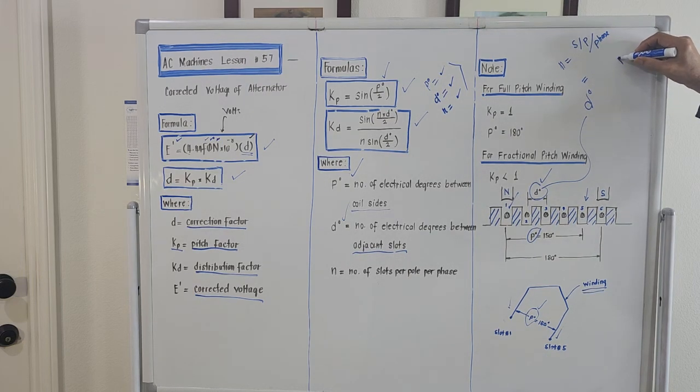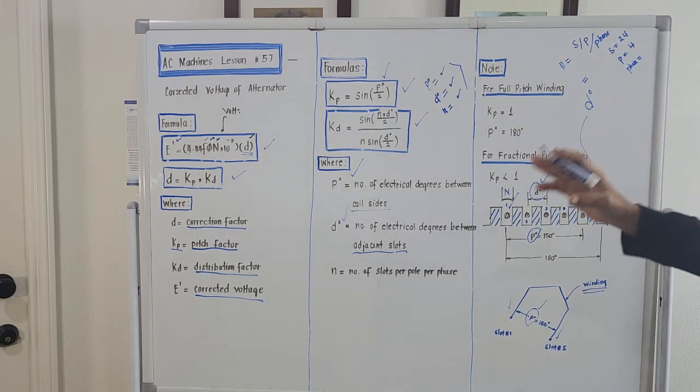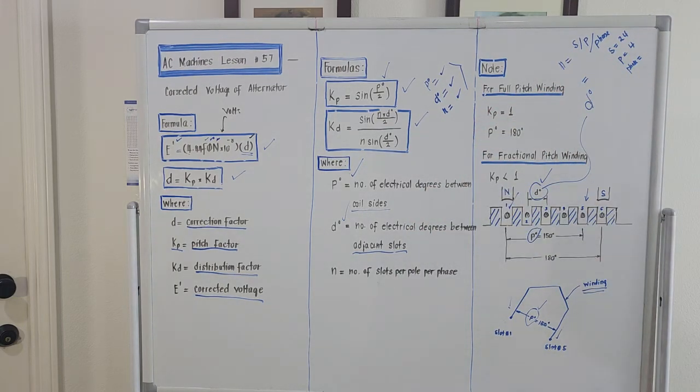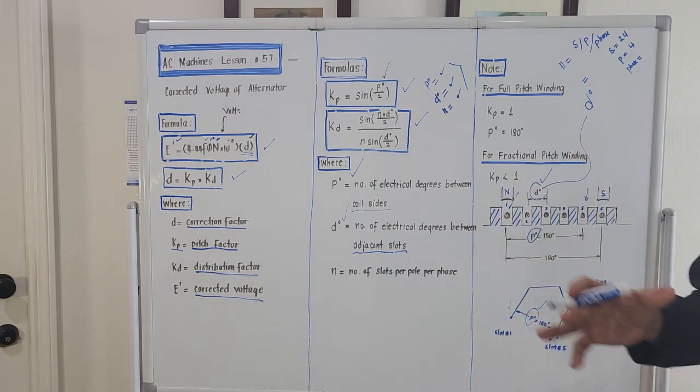Suppose the number of poles is 4 and the number of slots is 24. As an example, the number of phases is 3, because alternators or generators for power generation are always 3 phase.